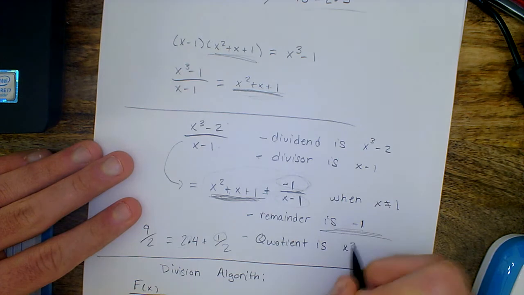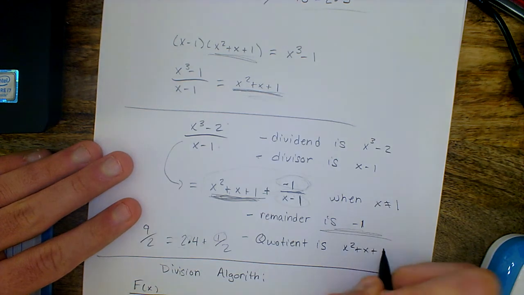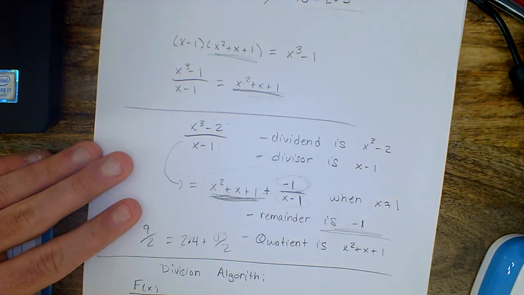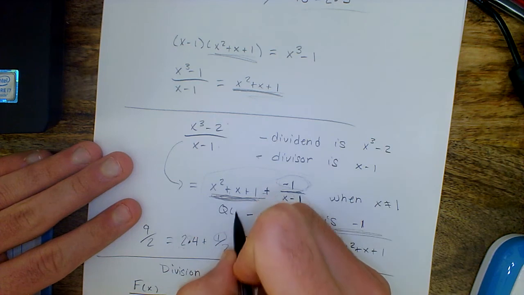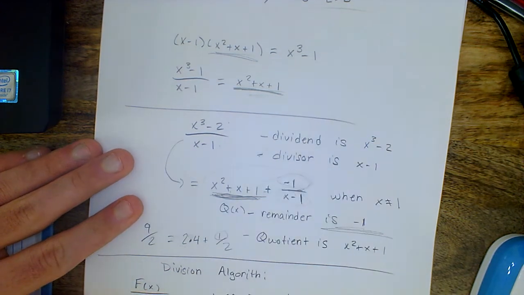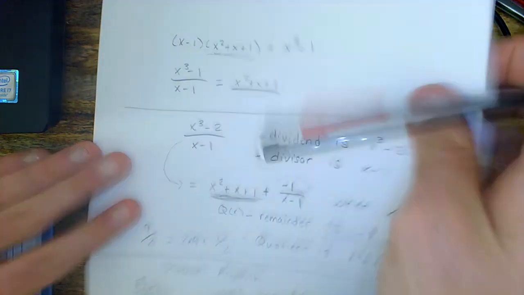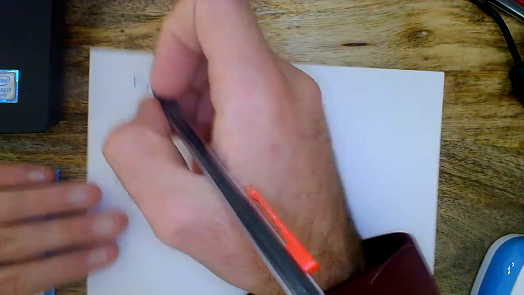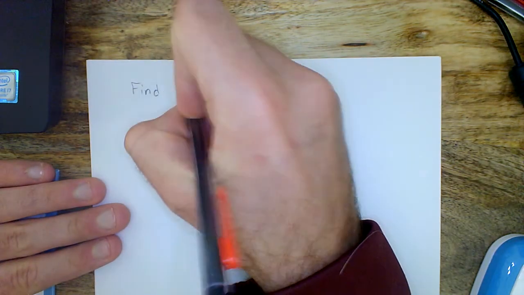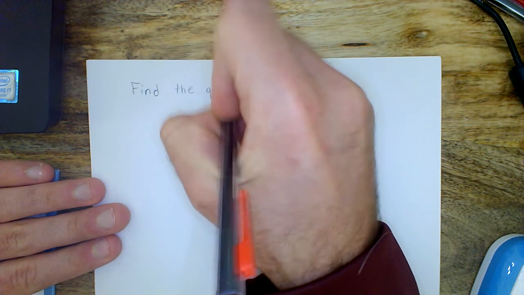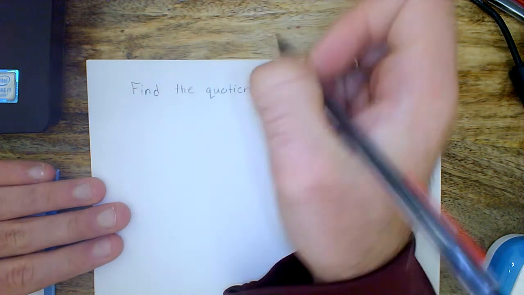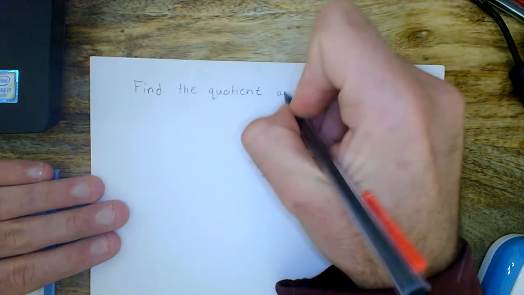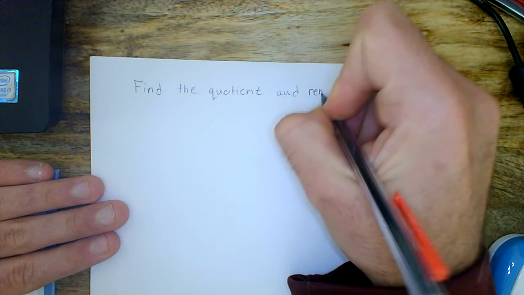The quotient is x squared plus x plus 1. So the quotient is the big capital Q right here. That's what the quotient stands for. Okay, so find the quotient and remainder.